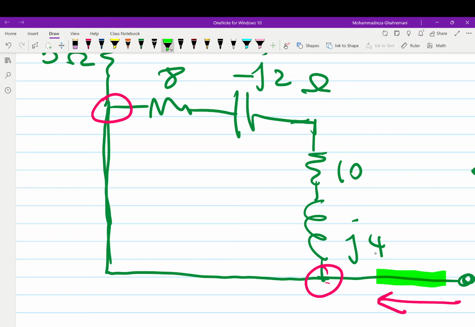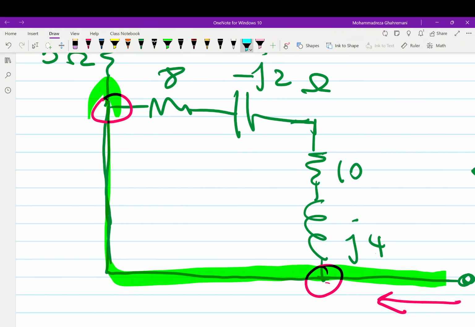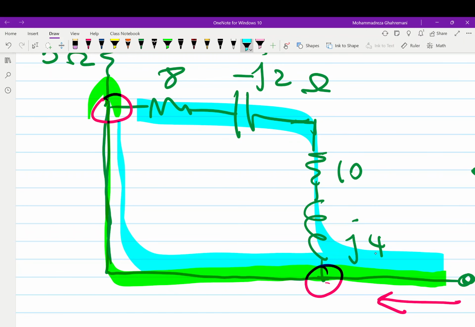The first one is moving through this path. The second one is through this. We know that the green path has a resistance of 0, so all the current is going to move through the green path, which is the short circuit.